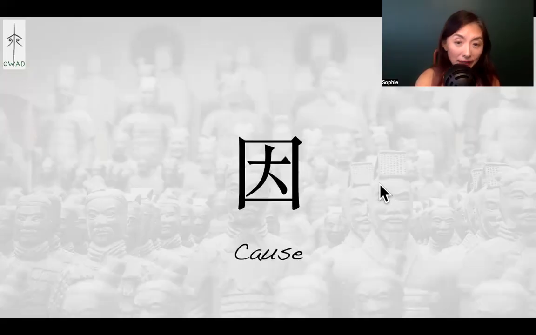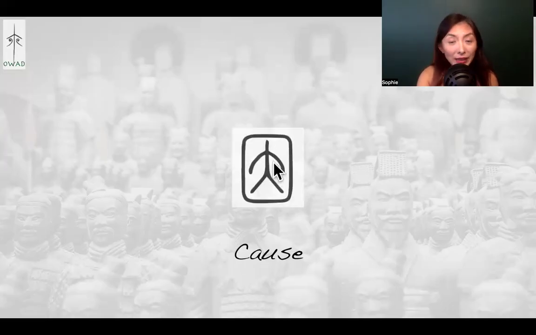And we have 因, cause, that has at least two major interpretations. Instead of a human, it could be the abstract concept of big. To build something big, you need a solid foundation.